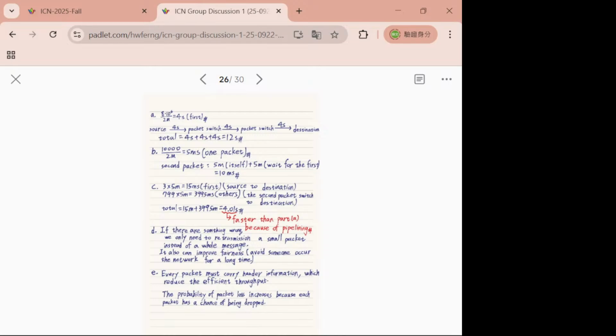And C is that we use the pipeline method of calculation, so we calculate the first transmission, that being 15 milliseconds, and we calculate the rest of the packets, that is 799 packets times 5 because of the transmission delays.